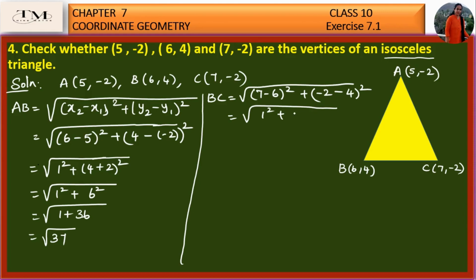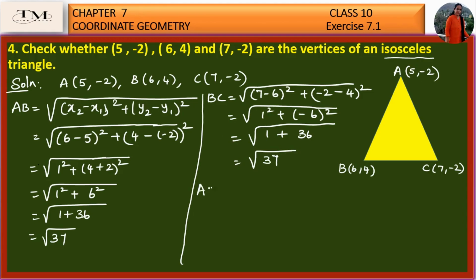So both are negative. Put a negative sign and add the numbers. 2 plus 4 is 6. So minus 6 whole square. So 1 square is 1 plus minus 6 whole square, minus square is positive. 6 square is 36. So you will get 1 plus 36 is 37. So BC is equal to root of 37.